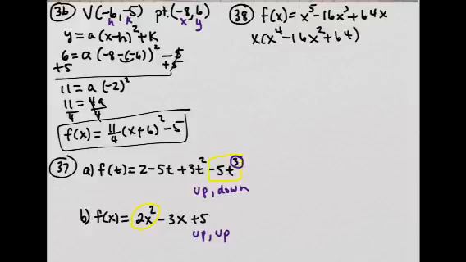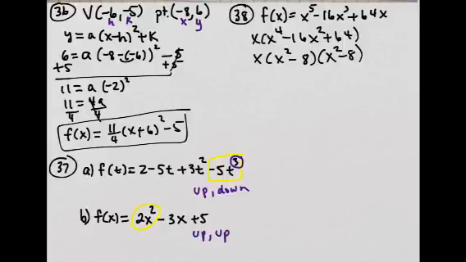So x squared minus 8, and x squared minus 8. Okay, so it's the same factor. It's going to give you the same zeros.